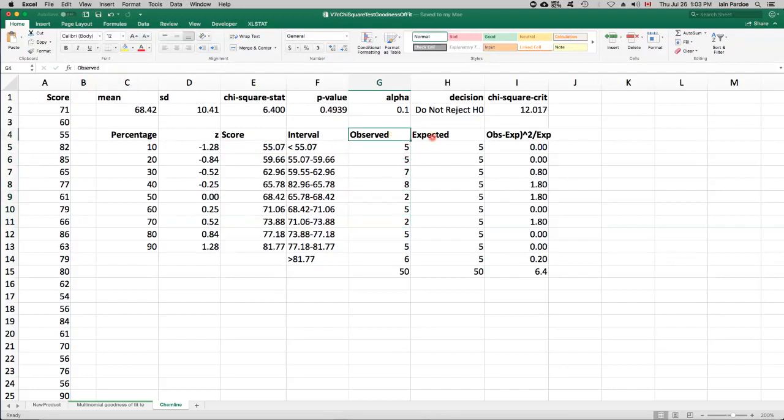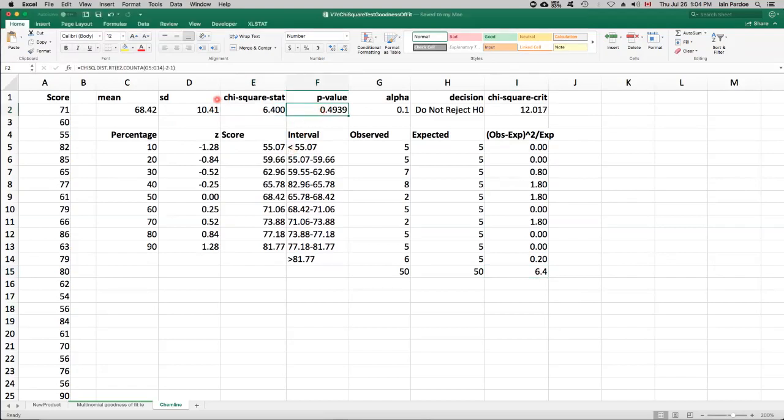And then because I've got observed and expected, I can calculate the chi-squared test statistic using the usual formula, observed minus expected squared divided by expected. If I add all those up, I get 6.4. So that's my chi-squared statistic.